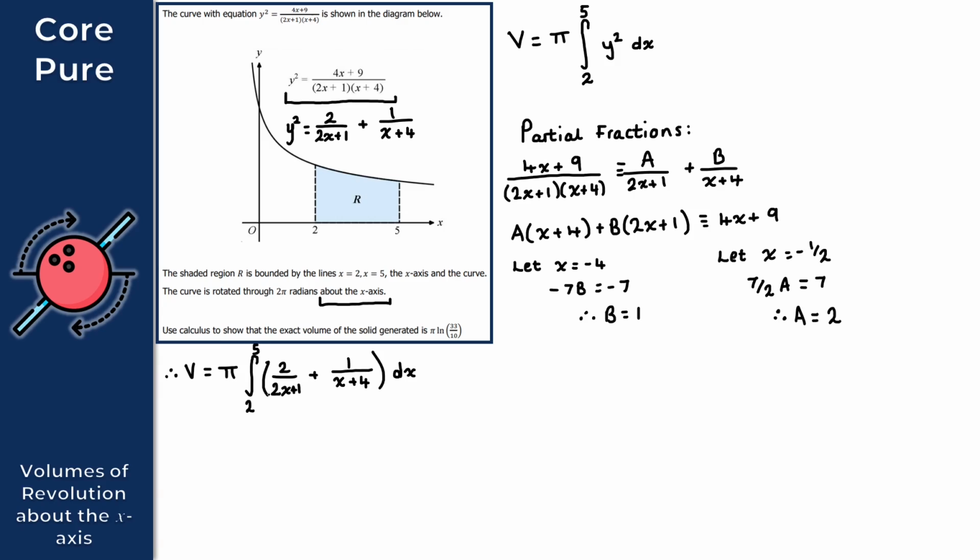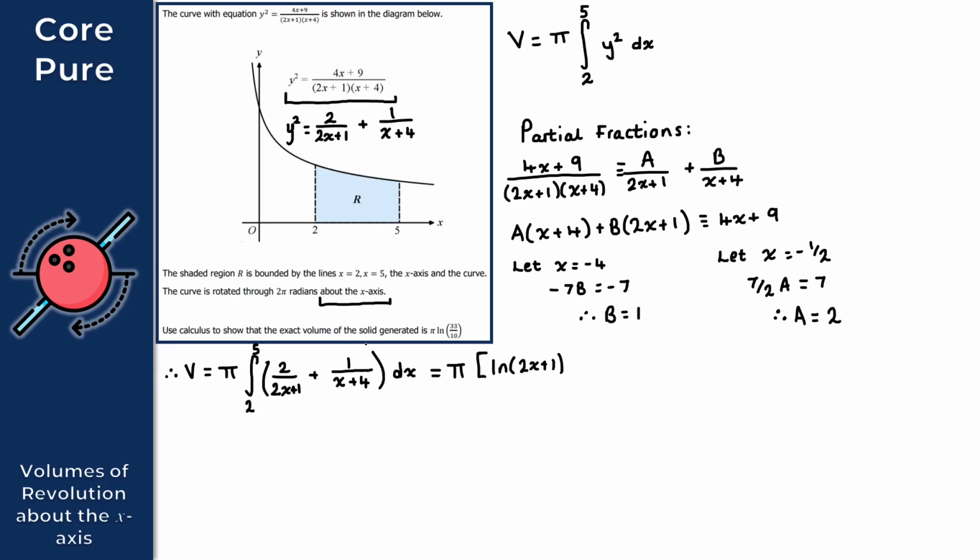Okay. Now for each fraction here, we just notice then the derivative of my denominator is equal to the numerator here. So the derivative of 2x plus 1 is 2, which is the numerator. Same again here for this fraction then. So the results are nice and straightforward. What I get here then is pi times by, so this result here then, this would be ln of 2x plus 1.